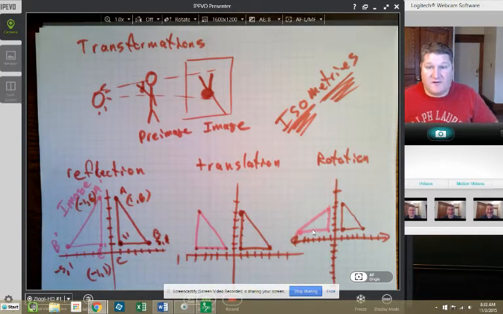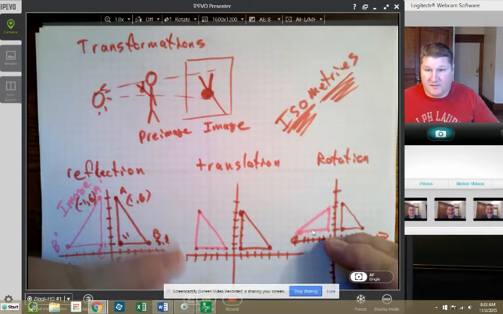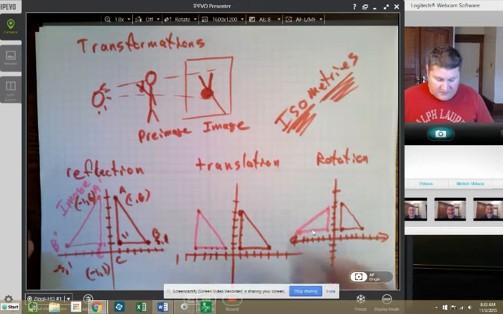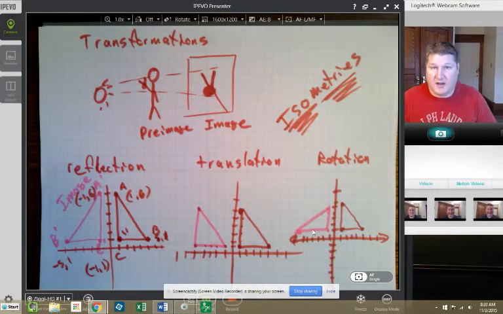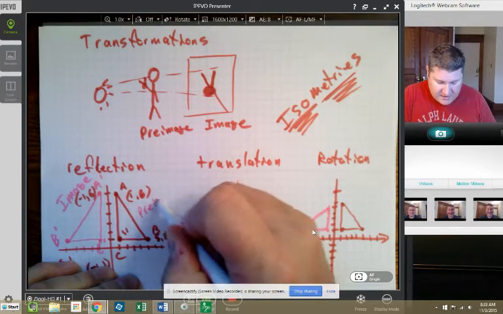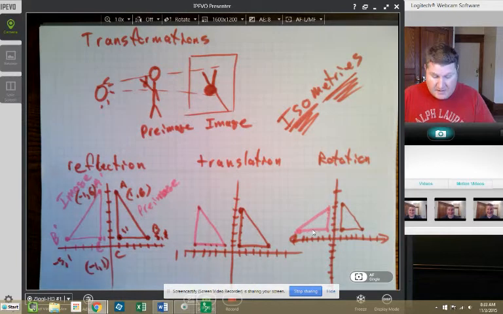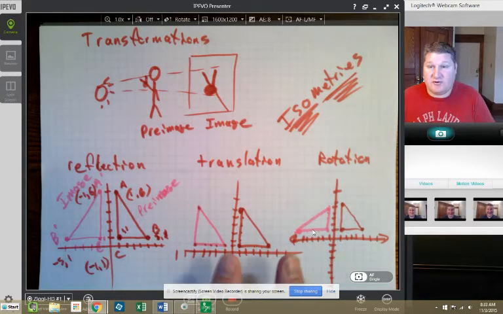And so we can find the coordinates of that reflection, flipping it this way. Now we could, of course, flip it the other way. We could even flip it over any other line you wish. So the key here is taking a pre-image and turning it into an image. So pre-image to image.